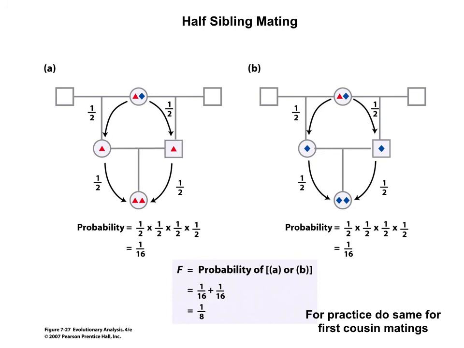You can draw out other pedigrees for other types of matings. We do that a lot in genetics class. I just want you to understand what's going on here, and especially what the result is. The result is that you're increasing the level of homozygosity in populations.